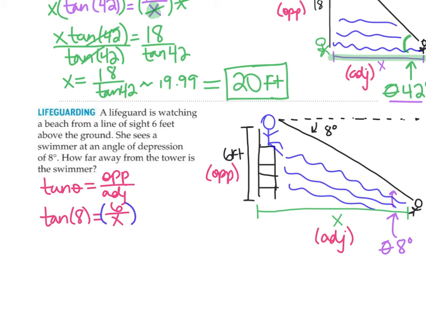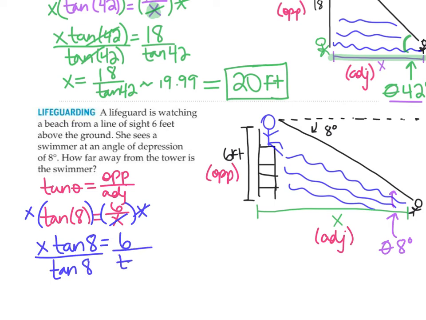So I multiply both sides to get it out of the denominator. That leaves me with x times the tangent of 8 equals 6. And then to get x by itself, we divide by that tangent of 8, leaving us with x equaling 6 over the tangent of 8. So just like the last problem, you will type this into your calculator.